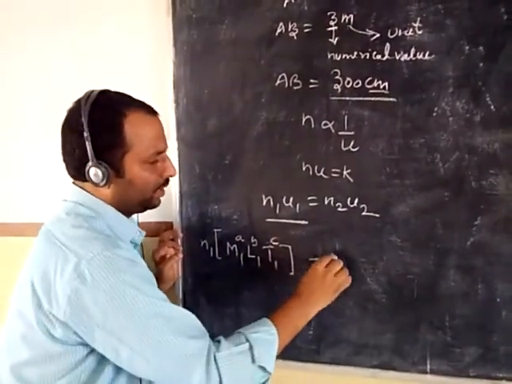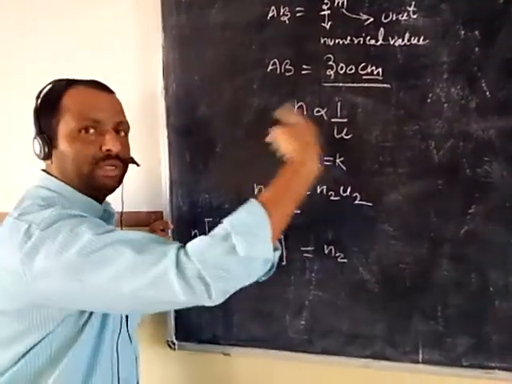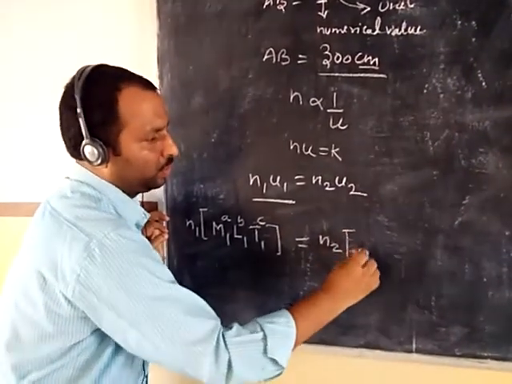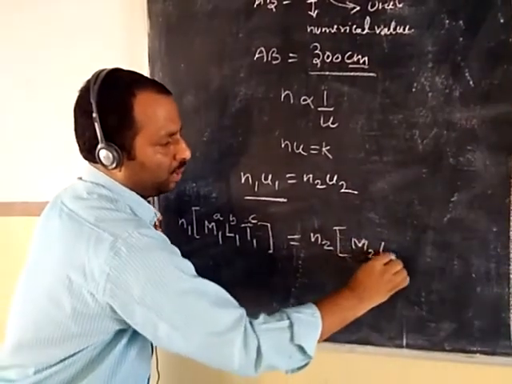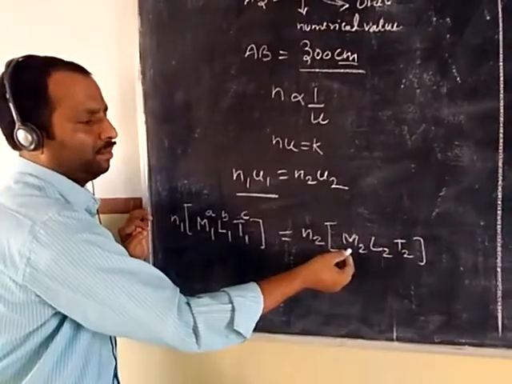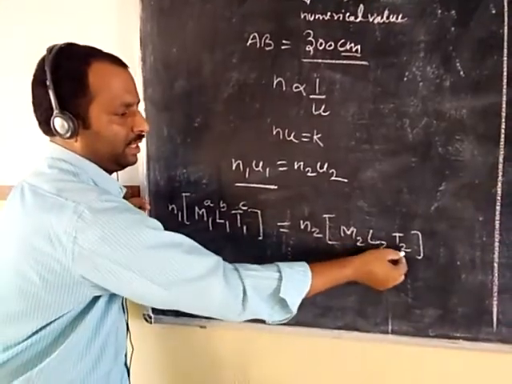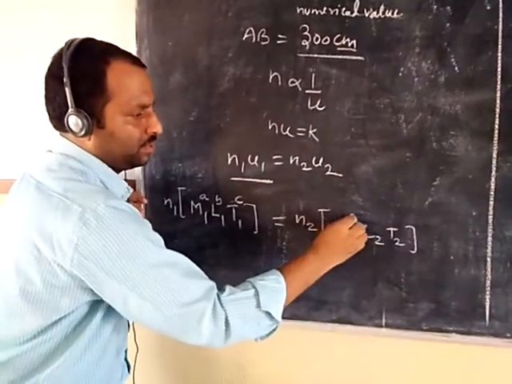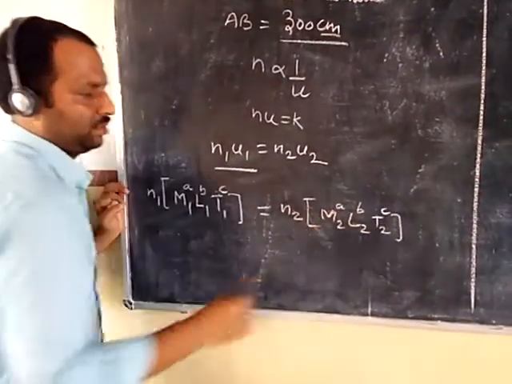Similarly, N2 is the numerical value in another system, that is equal to M2, L2 and T2. These are the units of mass, length and time in another system. So A, B, C are some constants.